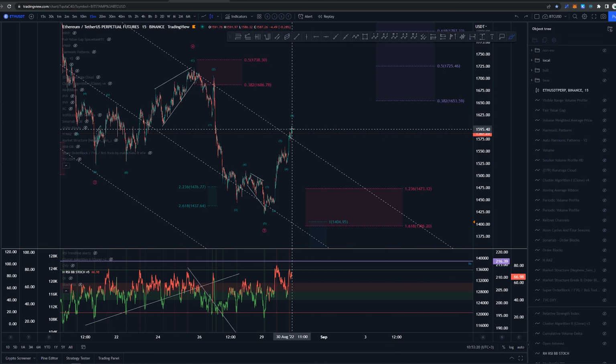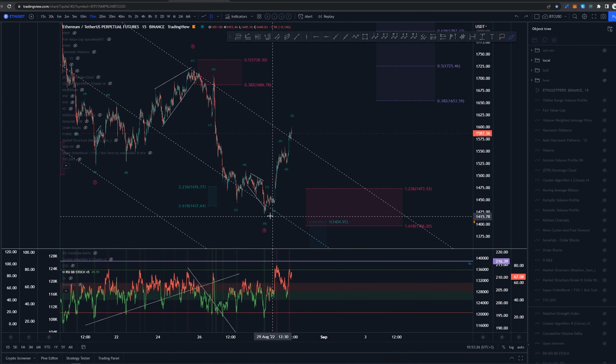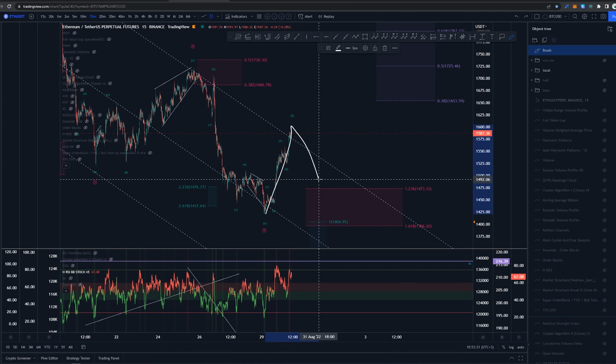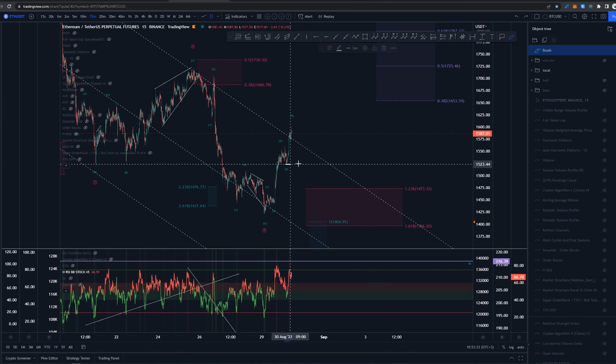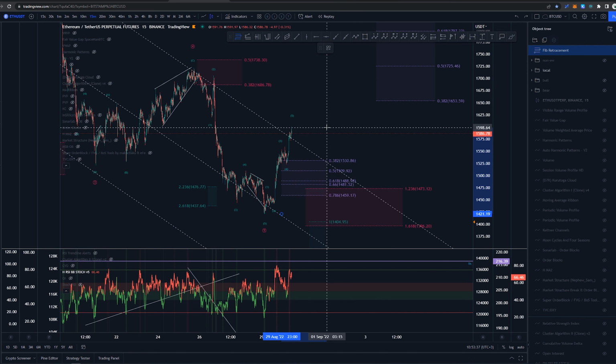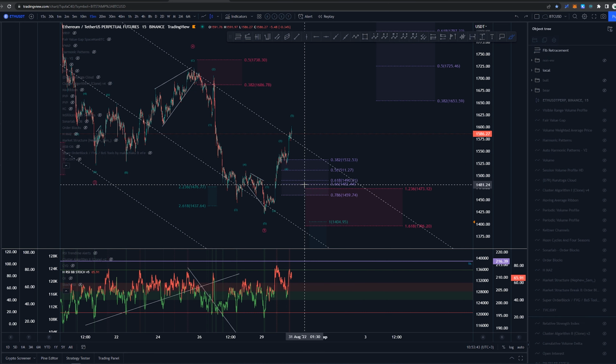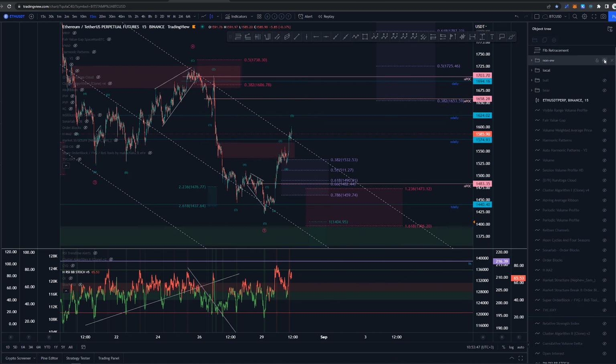So to me, the easiest way would be either shorting this top here as I've done, or looking at long setups once this has retraced to either these lows here. At least I'm looking at the 38.2 here, so around 15.32 to this 15.11 and the golden pocket, of course, to see if there is some kind of confluence around there.